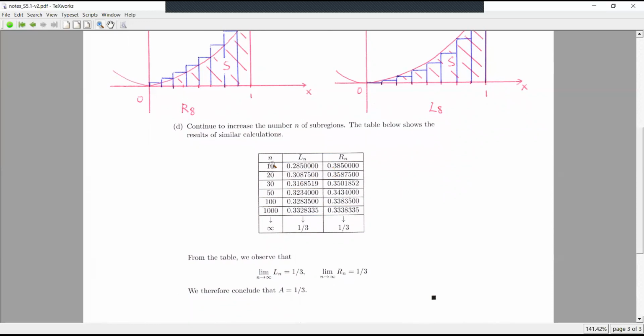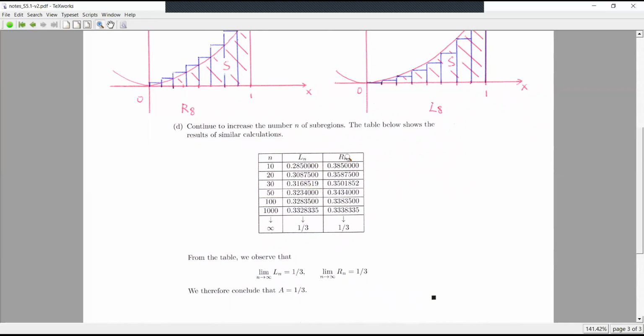Continue to increase the number of rectangles. If I let the number of rectangles approach infinity, then I can see that Ln, the lower bound, is increasing to 1/3.